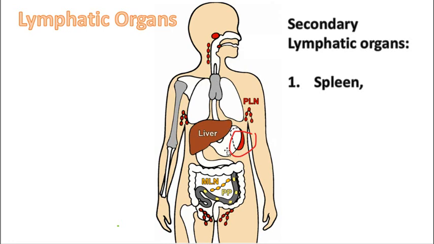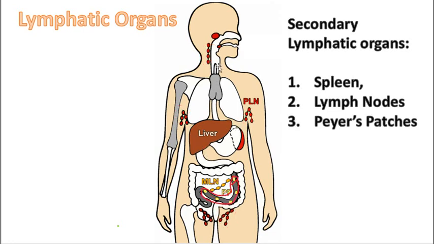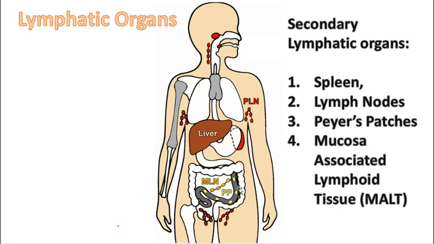Secondary lymphoid organs are the spleen, the lymph nodes located all throughout that you see, Peyer's patches located in the digestive system right over here along the intestine, mucosal associated lymphoid tissue that we're going to discuss, which is also located throughout the digestive and other mucosal membranes, and tonsils.